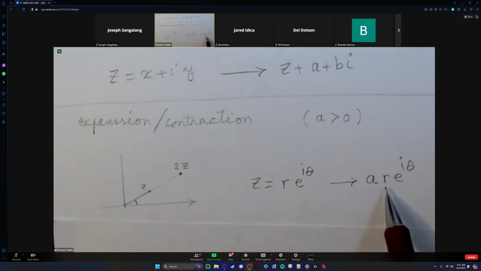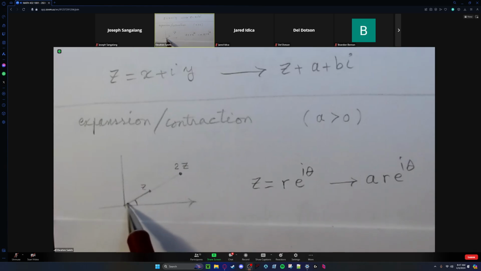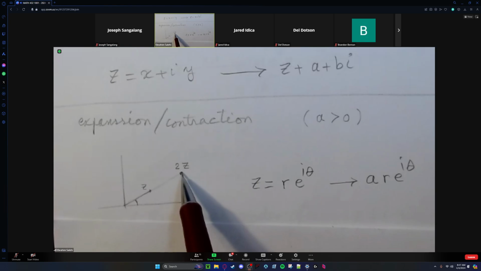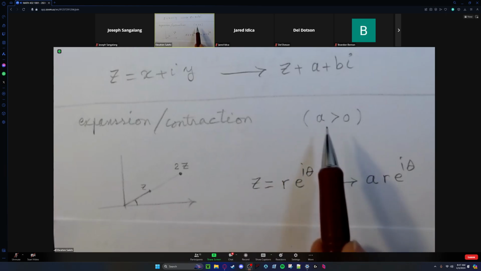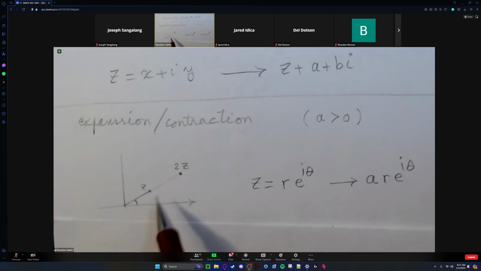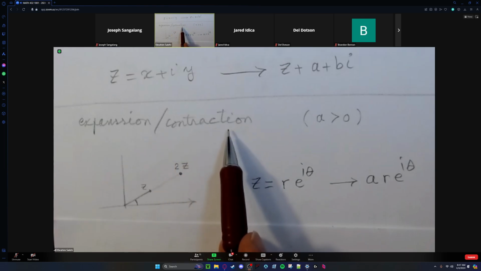It will be AR. If A is bigger than 1, it of course goes there, which is called expansion. If here is 2 multiplied by 2. If A is less than 1, then it will shrink, come closer to the origin, and that's called contraction.